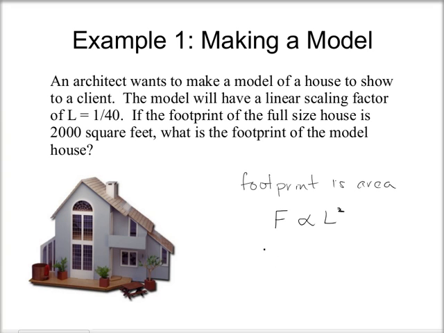Then the footprint of my model is going to be 2,000 square feet times L squared, so 1/40 squared, and if I put that in my calculator, that's going to be 1.25 square feet. So the footprint of the model is going to be 1 1/4 square feet.